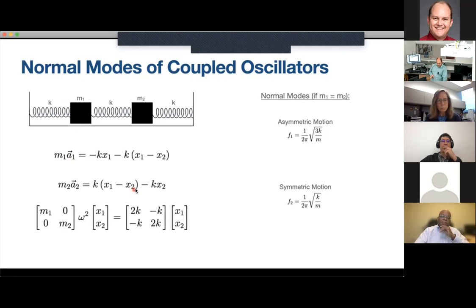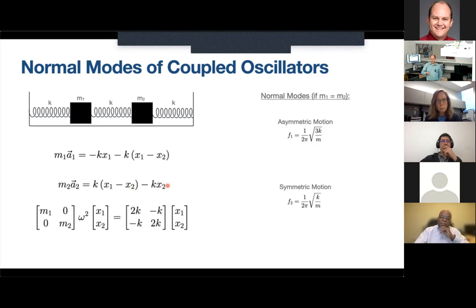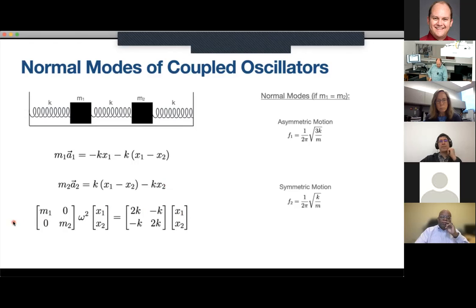You write this out and get these two equations from Newton's second law. This is simply Hooke's law for the springs and mass times acceleration. Of course, the way you do everything in differential equations is you assume some kind of complex exponential. If you do that and write this as a matrix equation, you get this equation on the bottom.